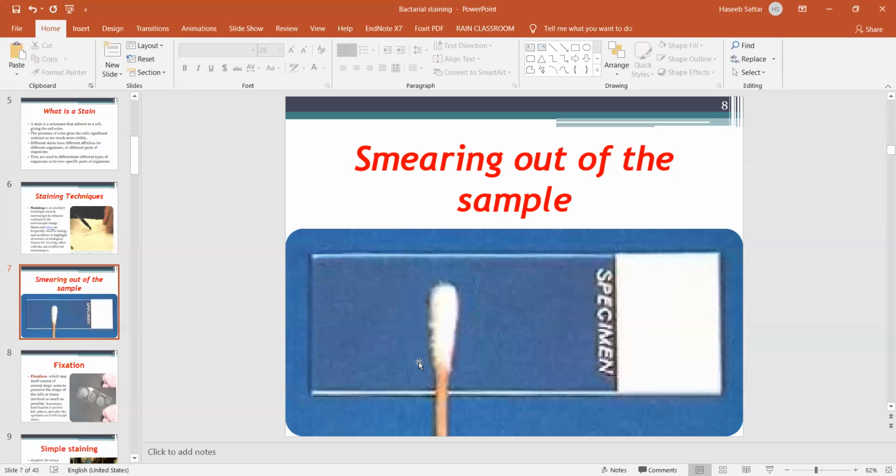Smear means we place a bacterial solution or a patient sample on the glass slide.